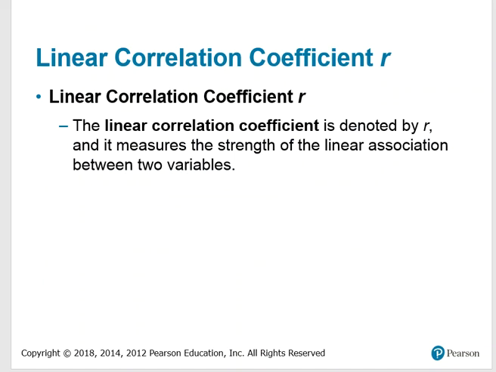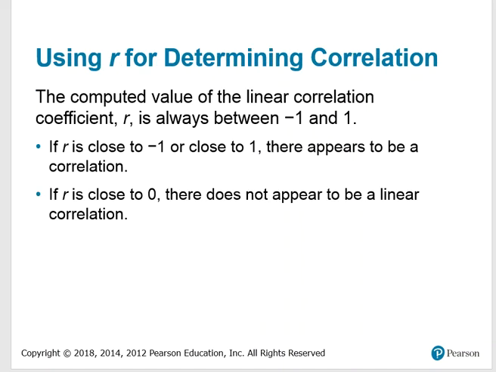With our linear correlation coefficient, the value r, which we will find using StatDisk, it can also be used with any graphing calculator if you have that type of access, but we're going to focus on using StatDisk. Your r value needs to be between -1 and 1. If you have a positive correlation, then you will have a positive number between 0 and 1.